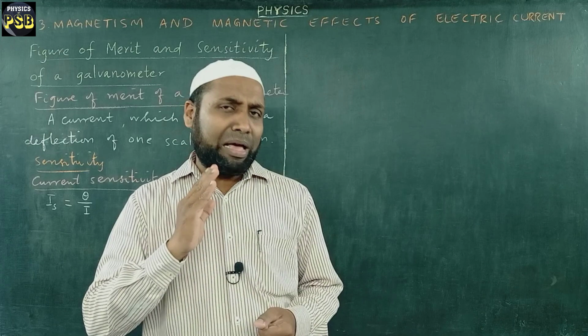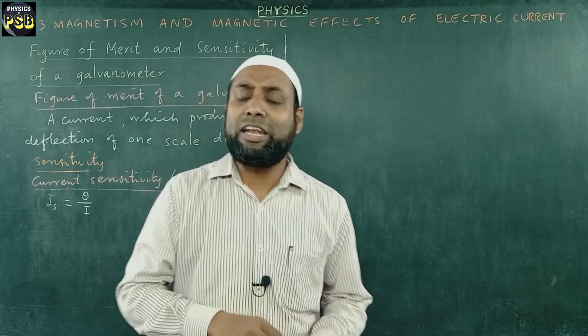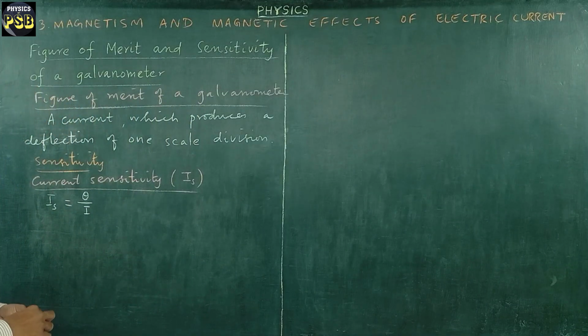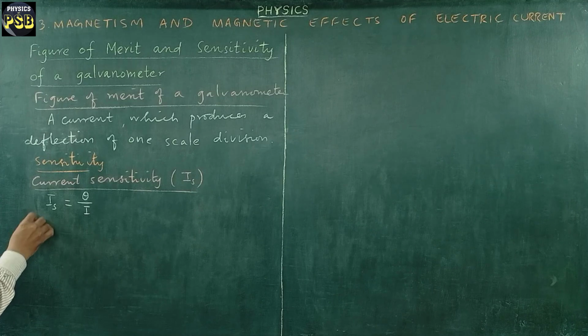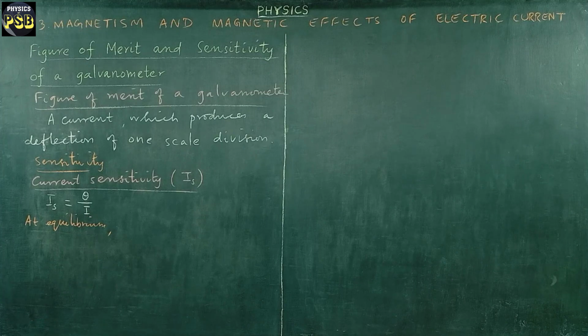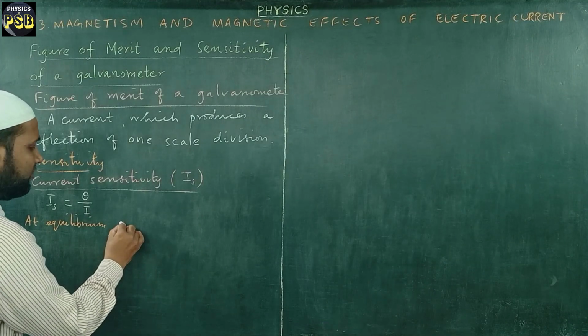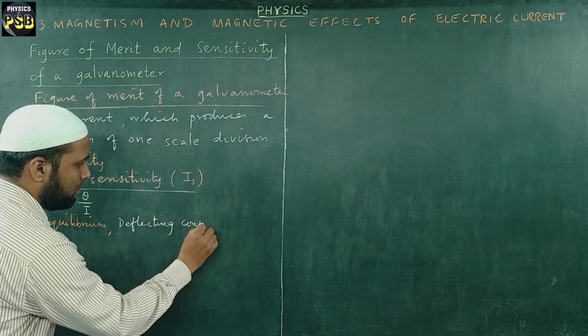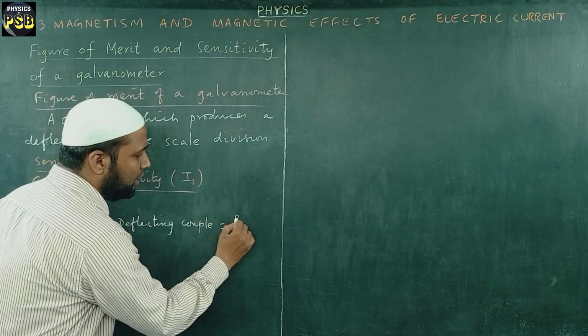When the passage of current is stopped, the coil returns back to its original position due to the restoring couple produced in the phosphor bronze strip. So at equilibrium, the deflecting couple is equal to the restoring couple.